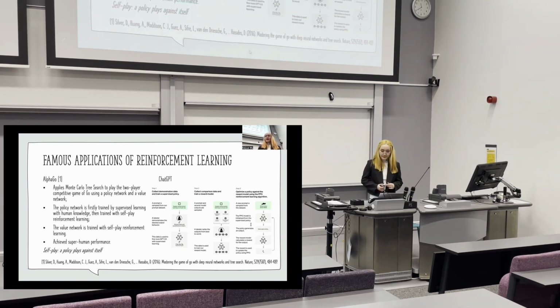superhuman performance. On the right side, we have ChatGPT, which is a very famous recent work. The 3 major steps in its training process are: first, train a policy with supervised learning, then train a reward model also with labeled data.